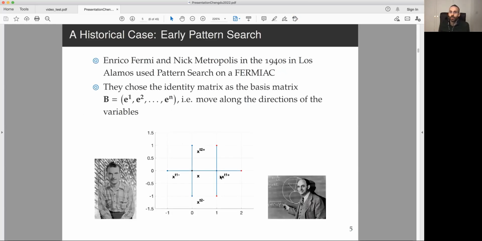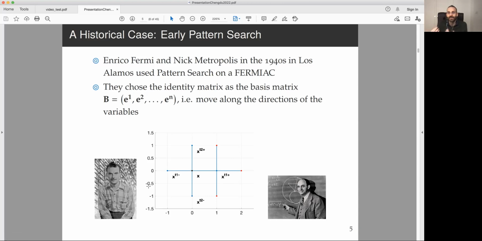I will report one classical example, which comes from the 1940s, way before the concept of generalized pattern search was introduced. De facto, this algorithm was already used in the 1940s by two prominent scientists of the time, Enrico Fermi and Nick Metropolis.